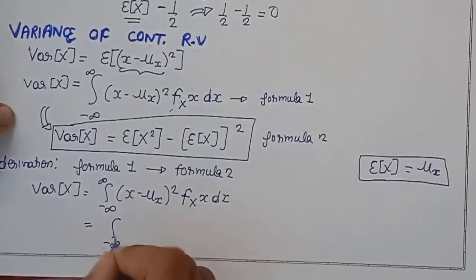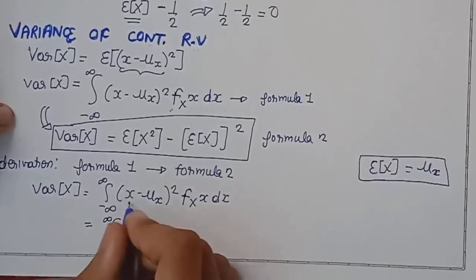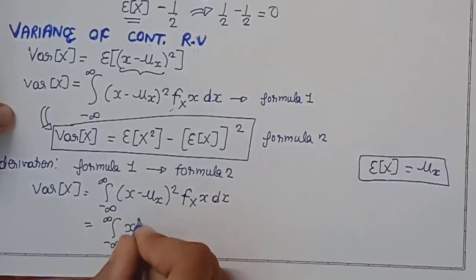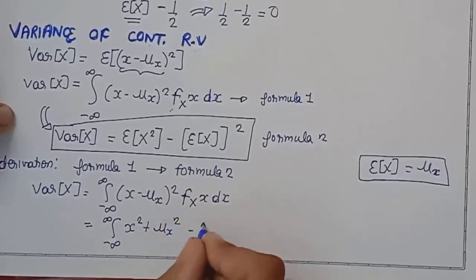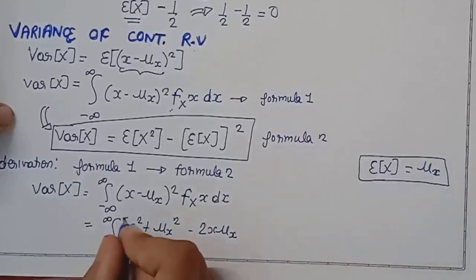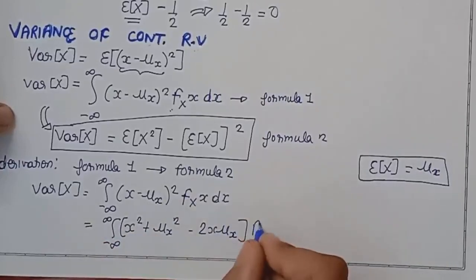So now let us open this square. We will have the integration from minus infinity to infinity of x square plus nu x square minus twice of x nu x, and here we have the PDF.